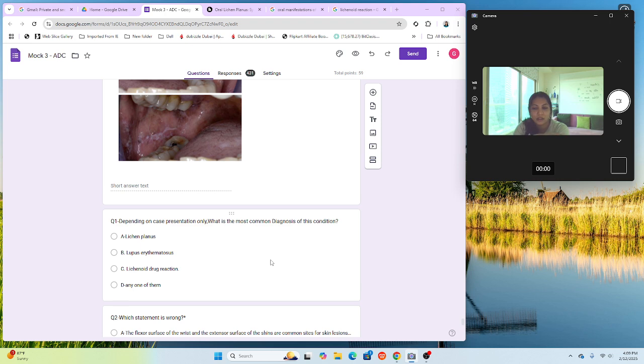Okay, let's see the options. Lichen planus, lupus, a lichenoid, and so on. Any one of them technically can be right, but that is not most common. I have to pick something a little more specific. Now, I would be confused between lichen planus and lichenoid, because lupus has a lot of systemic manifestations also, and here the question is not mentioning any systemic problems.